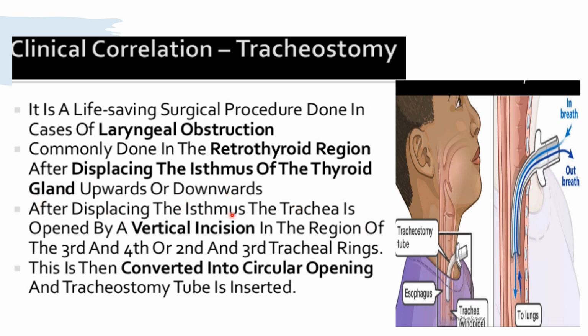After displacing the isthmus, the trachea is opened by a vertical incision at the region of the third and fourth or second and third tracheal rings. This is then converted into a circular opening and the tracheostomy tube is inserted. So this is the clinical anatomy related to the trachea.